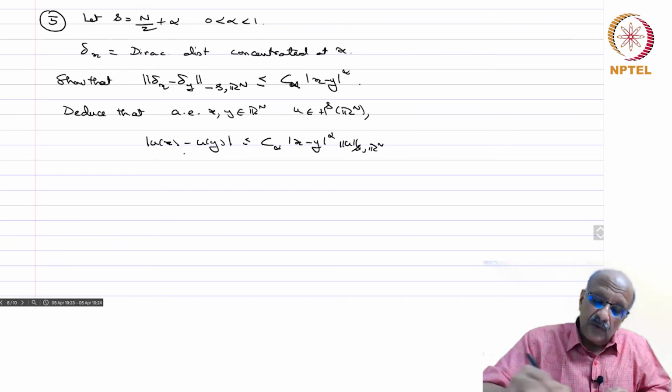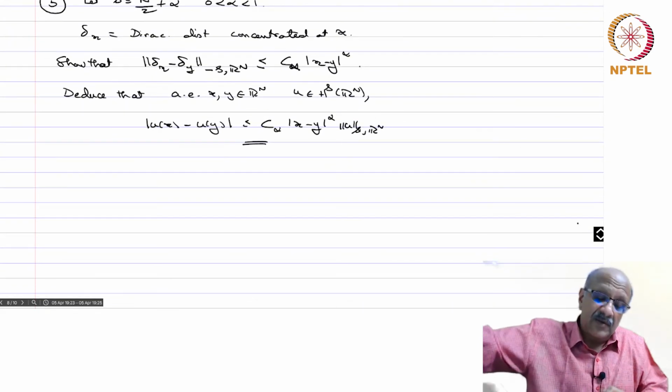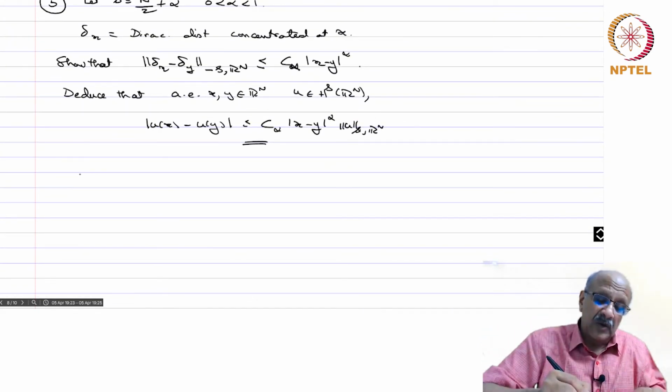Okay, so this tells you that it is Holder continuity. So this is a different proof of the Holder continuity of H^s. We know that if s is bigger than n by 2, delta_x, the Dirac distribution, belongs to H^(-s).